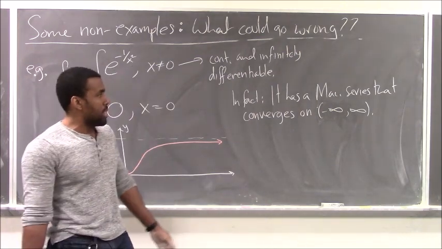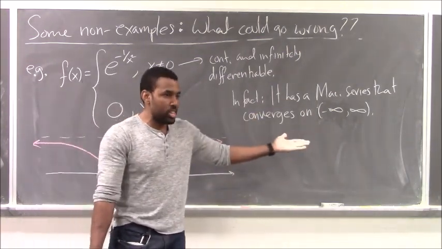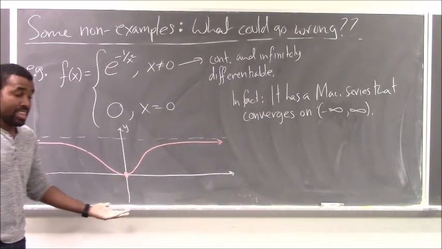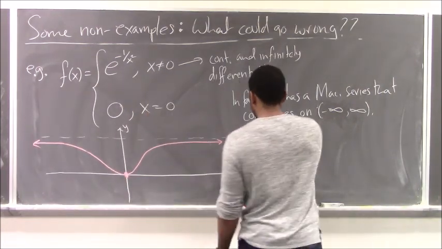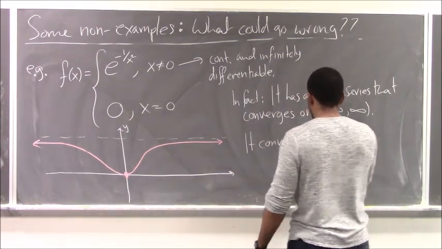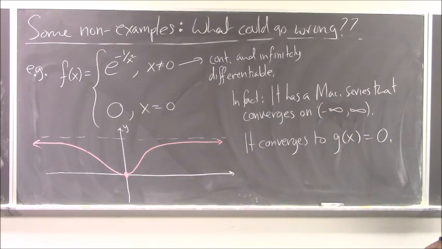And so you might say, well, if it has a Maclaurin series and it converges, does it actually represent this function? Does it converge to this function? And the answer is actually no. It converges to the 0 function. The Taylor series will actually be 0.